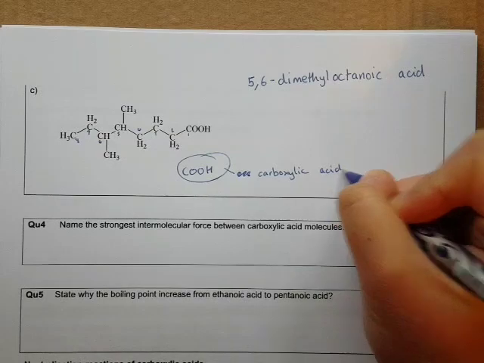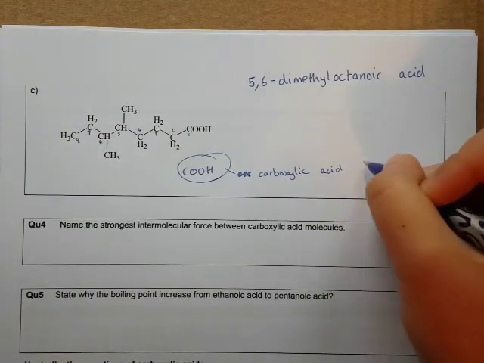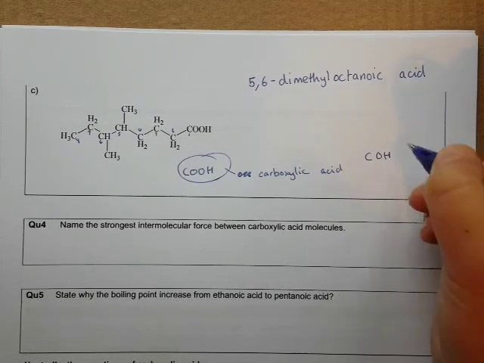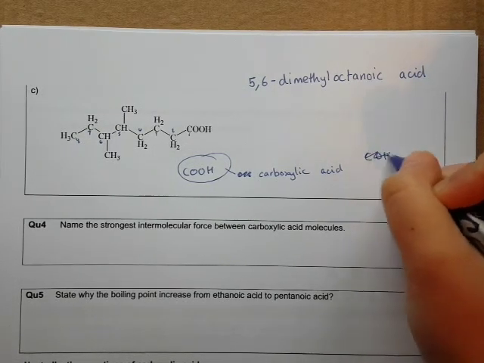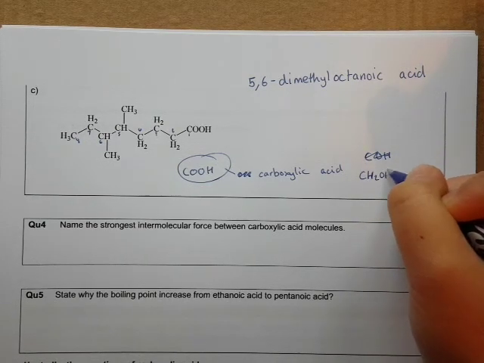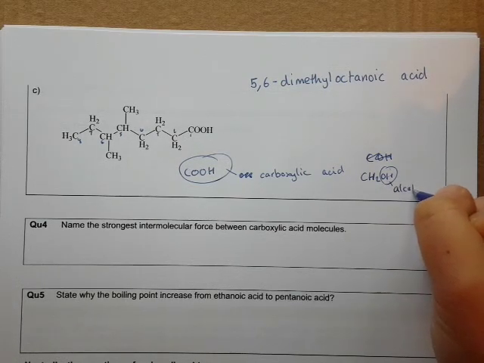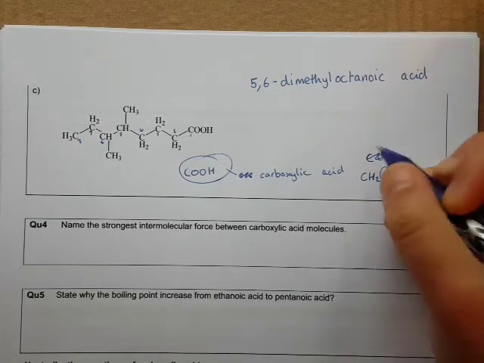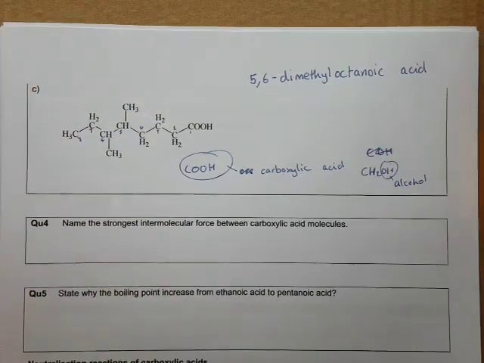So that's one to watch out for. As opposed to that, if you see something like CH2OH, the OH on its own is telling you that that's an alcohol. Or if you see the OH in brackets as well, then that's an alcohol. Okay, I'm digressing a little bit.